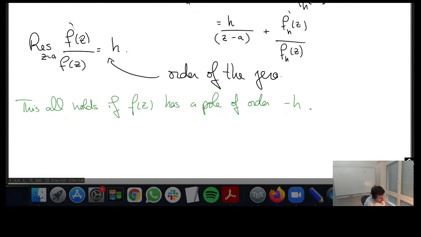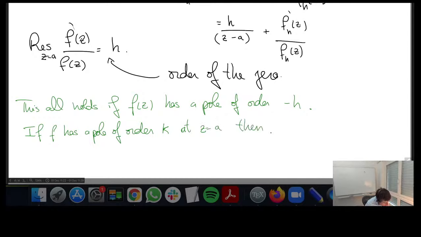Nothing changes. And so if f has a pole of order, let me call it k, just to not use minus h, at z equals a, then exactly what we did above says that the residue at z equals a of the logarithmic derivative is equal to minus k.